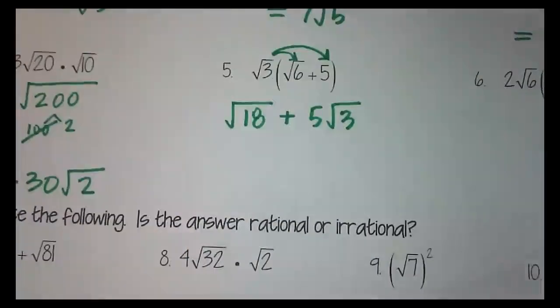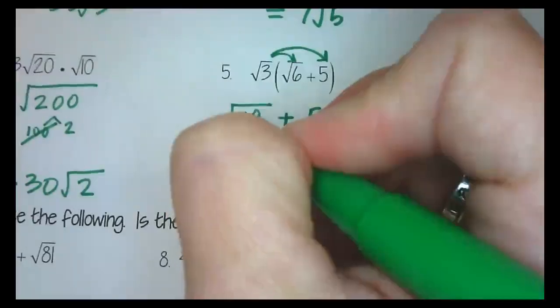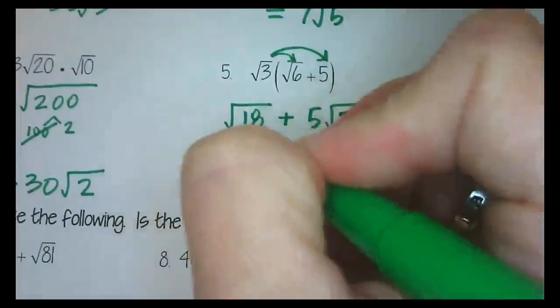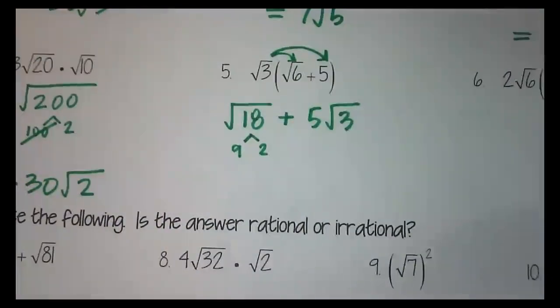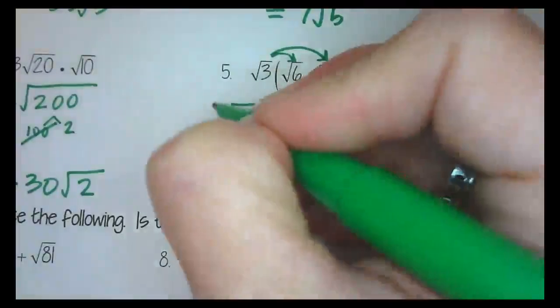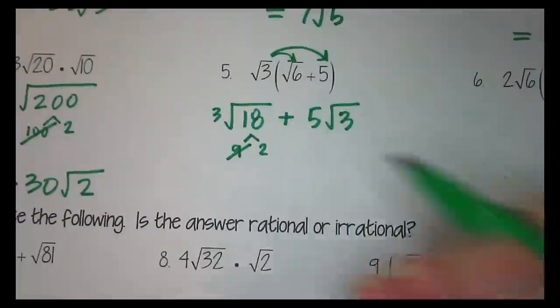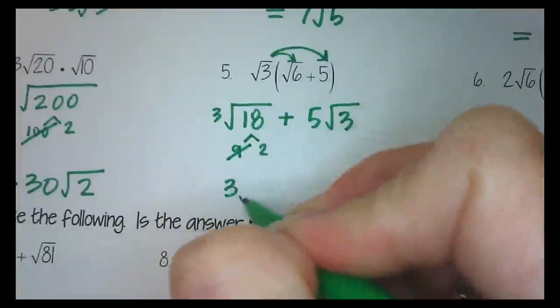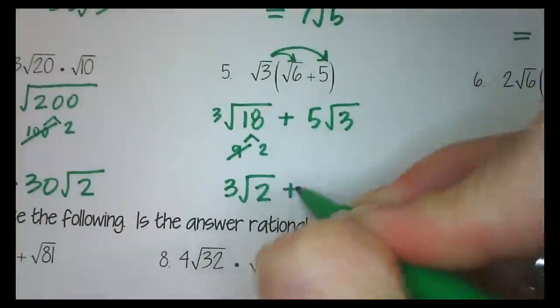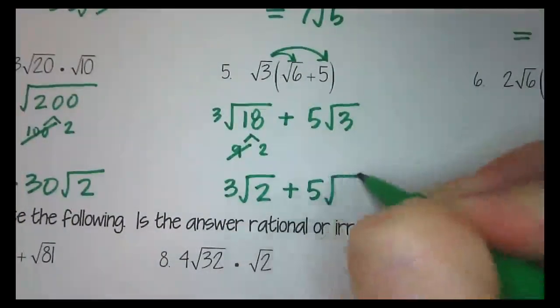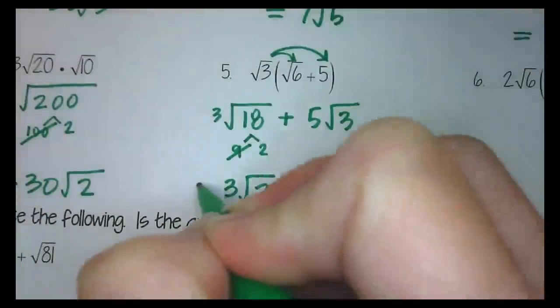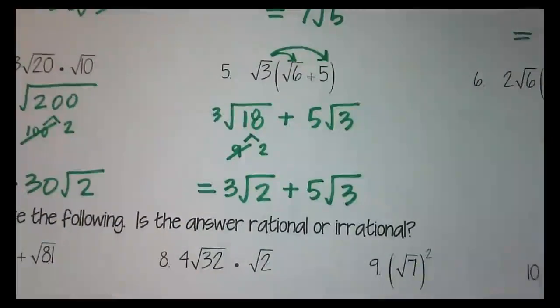So this, I know 18, I can break that into 9 and 2. 9 would give me a pair of 3s. So now I get 3 root 2 plus 5 root 3, and that's going to end up being my answer because I can't actually combine those together.